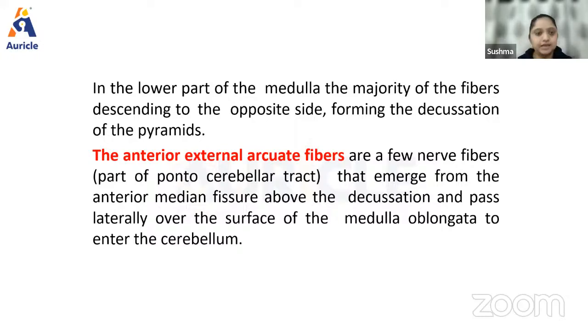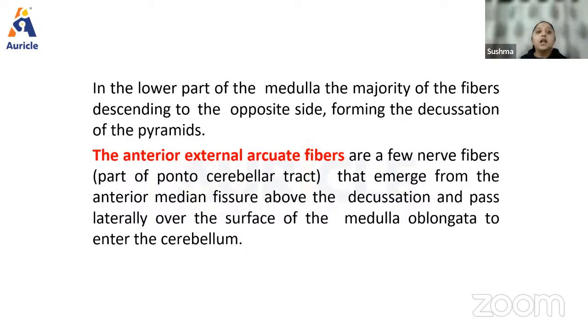Understanding? Yes. Next, the anterior external arcuate fibers are a few nerve fibers that emerge from the anterior median fissure above the decussation, and they pass laterally over the surface of the medulla oblongata, and enter into the cerebellum. Guys, I told you about the pons being the bridge that bridges the fibers between cerebrum and the cerebellum. What was the tract called?